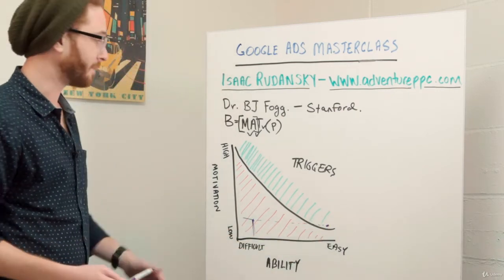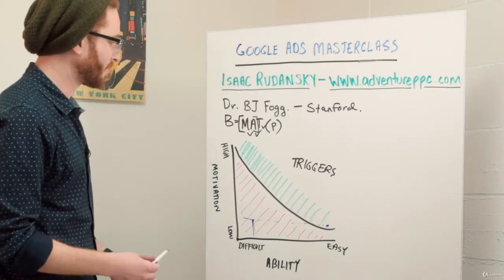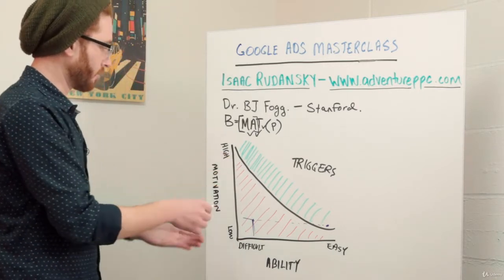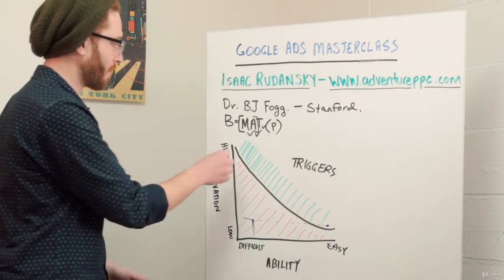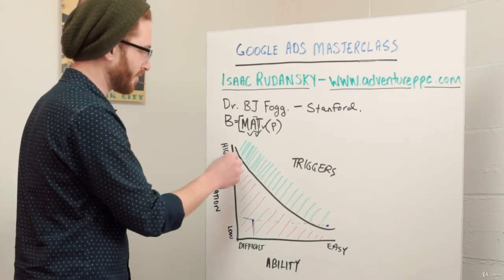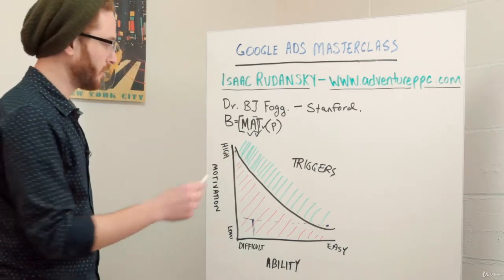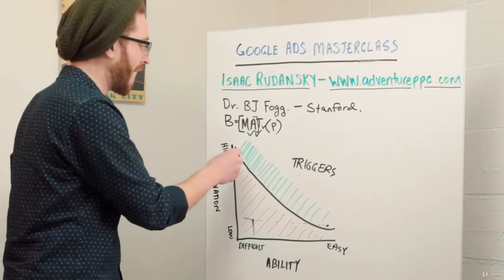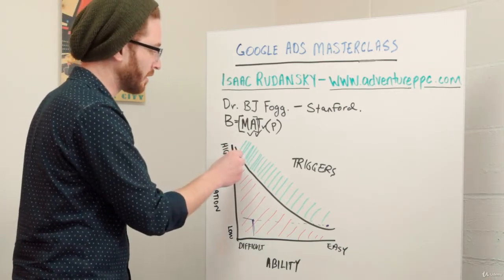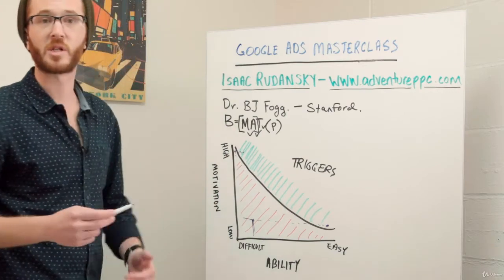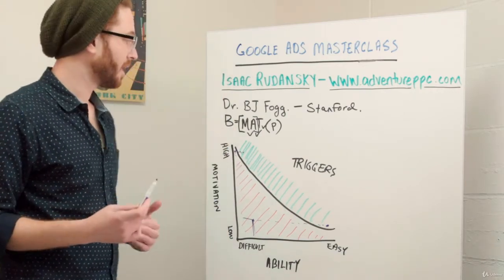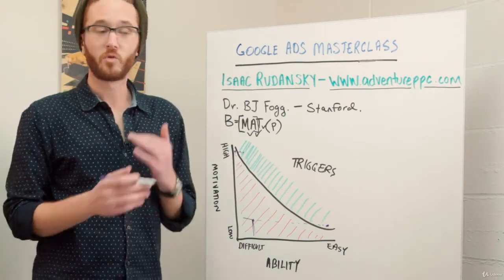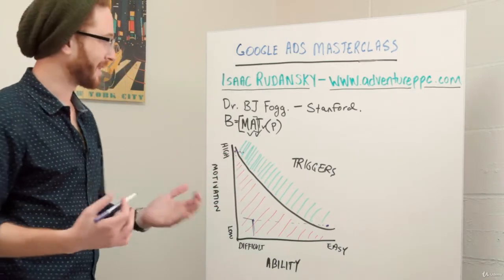Or on the flip side, if you're really highly motivated to do something, and it's extremely difficult, then you might lose. You might not get that behavior. But if you're highly motivated and it's difficult, but just a little bit less difficult, or a person has the perceived ability, then you will get that behavior to succeed. You might get that conversion.